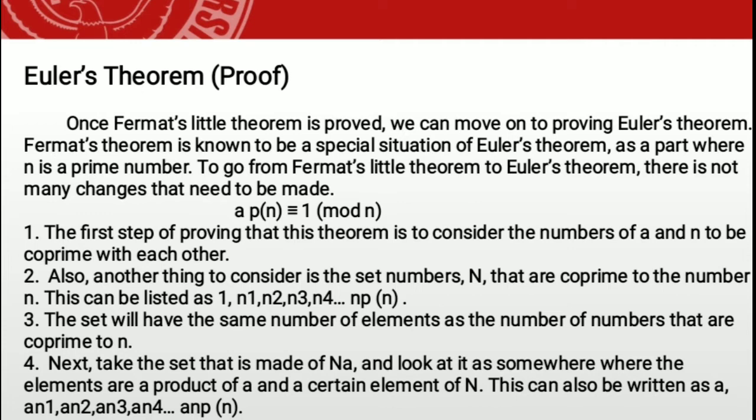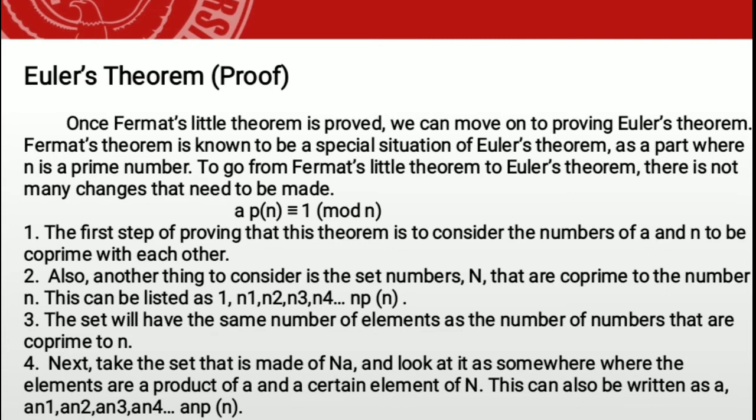The first step of proving this theorem is considering the numbers a and n to be co-prime with each other. Also, another thing to consider is the set of numbers that are co-prime to the number n. This can be listed as n1, n2, n3, n4, and so on, up to n_φ(n).